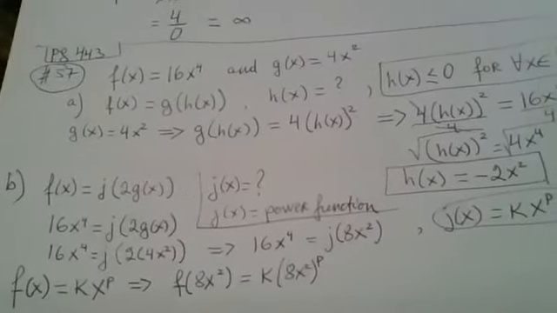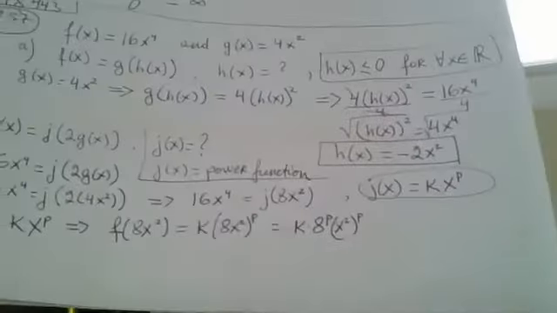Right? Yes. Let's simplify this part. k is standing in front of this parenthesis, right? What about that piece inside the parenthesis, 8x squared? Should I raise this to the p power? Is it actually a product to a power? Yes.